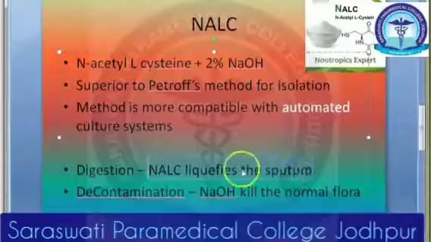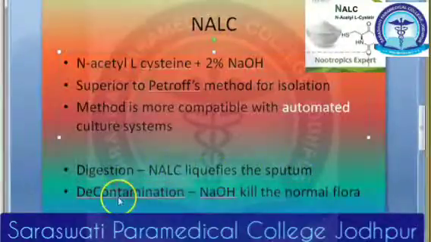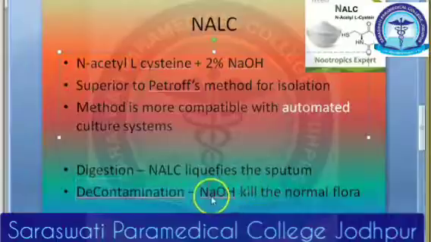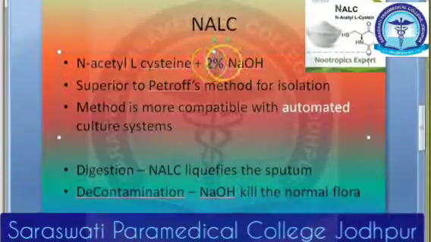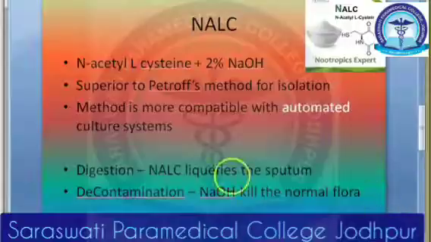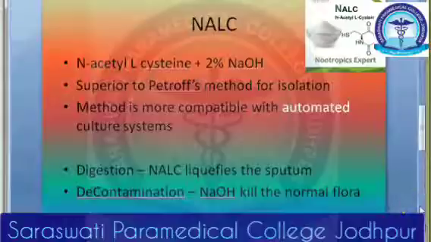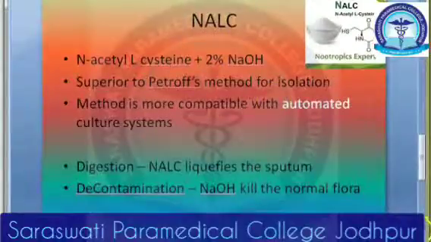NaLC itself liquefies the sputum, so the digestion process happens there. Decontamination is because of the 2% NaOH. You are using only 2% NaOH here. Please pay attention. 2% NaOH kills the normal flora. Probably that's the reason they are not going to use acid, because it is 2% NaOH only, right? So they don't need to neutralize it probably.